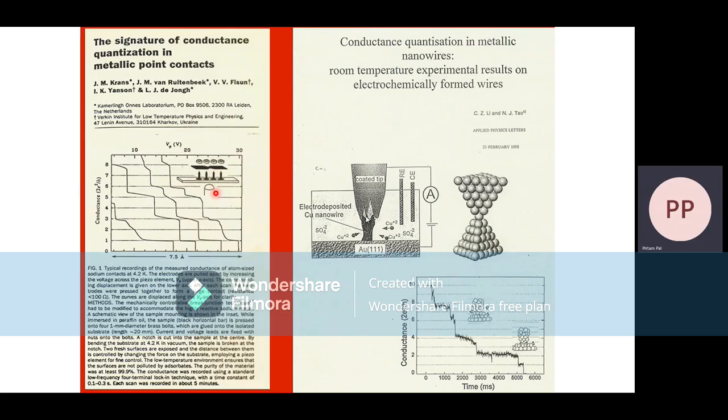The same findings were confirmed in this experiment and many other experiments.